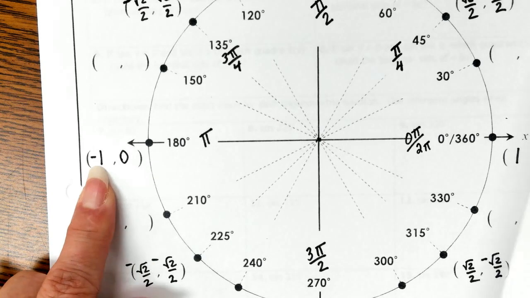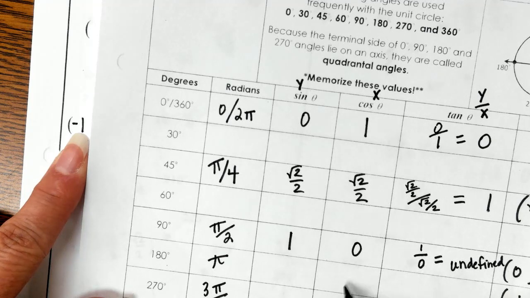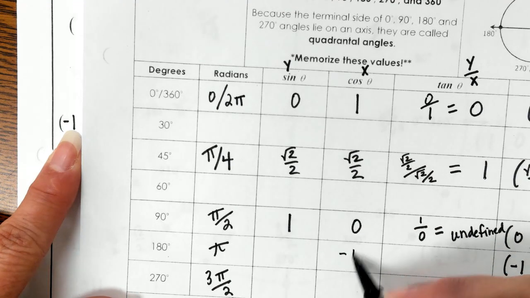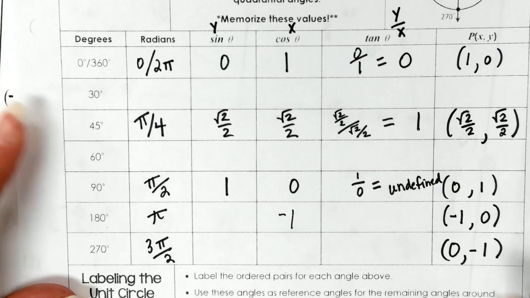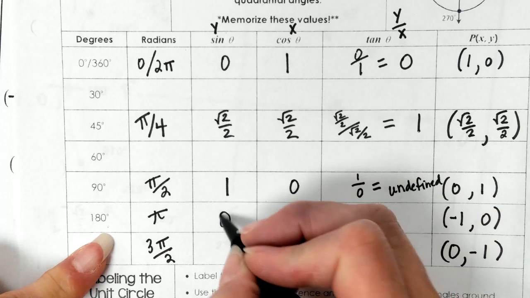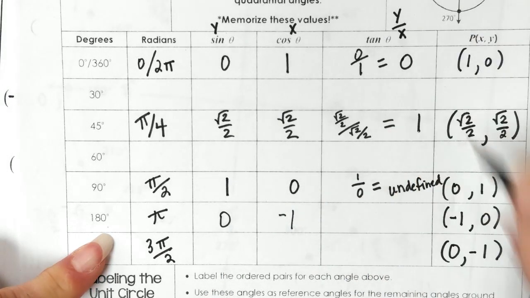Well, we said cosine is the x, so now we can go to our chart, and where it had the cosine, we can fill in the x, which was -1. For the y, it is the 0. And then tangent is the y over x.